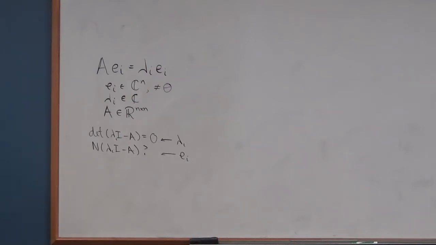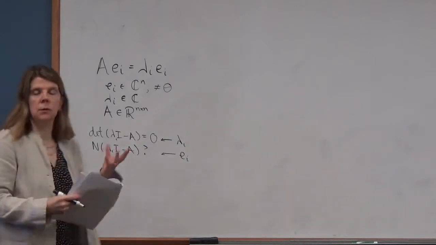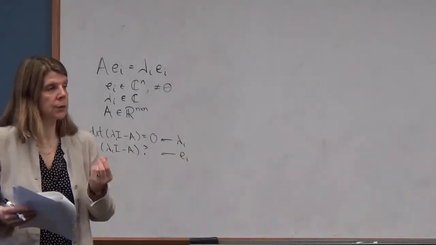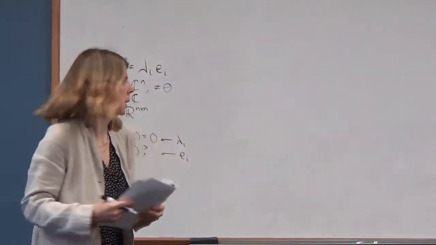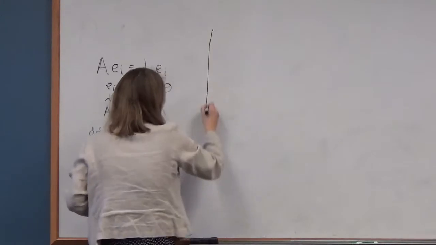Now let's dive into these two cases. First we're going to look at a special subcase of case 1. We start with the case in which you have a matrix A, you've computed the eigenvalues, and they're all distinct, all different from each other.